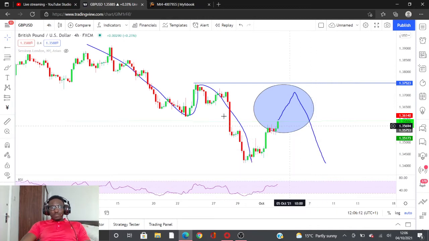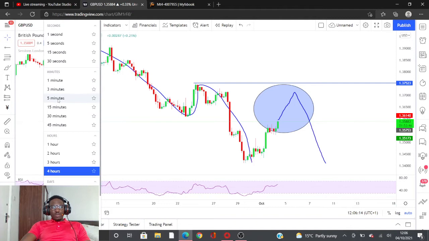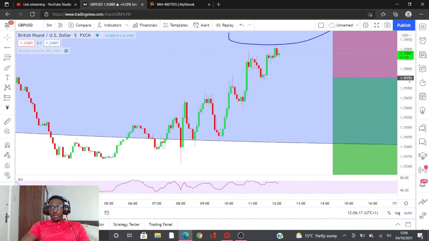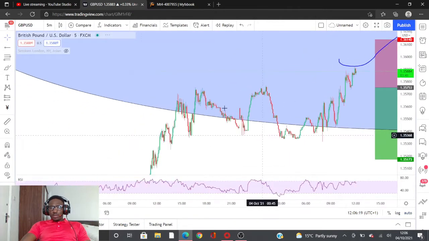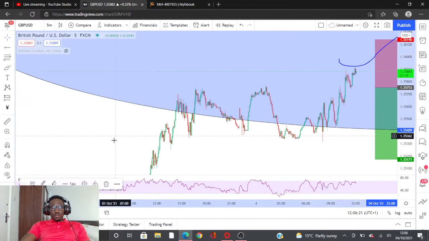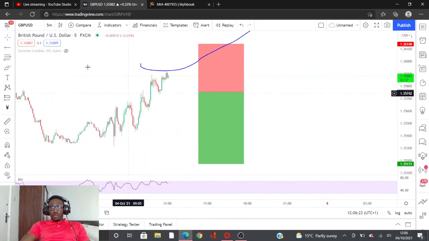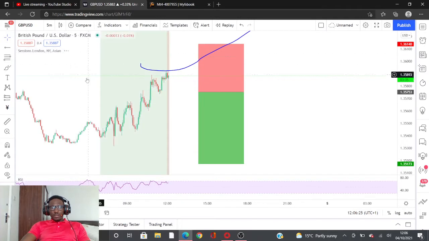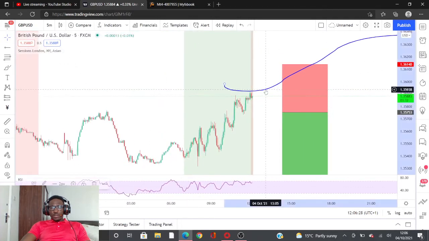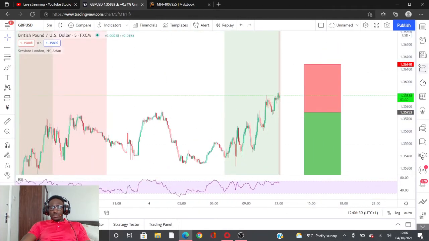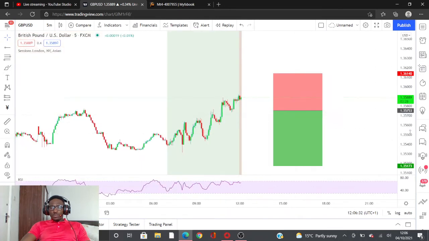So let's bring it back to the 5-minute chart. Okay, I'm gonna have to delete this because it's getting in the way. And let me bring up my shaded area, and this needs to go. But just bear in mind that we are in a reversal zone.